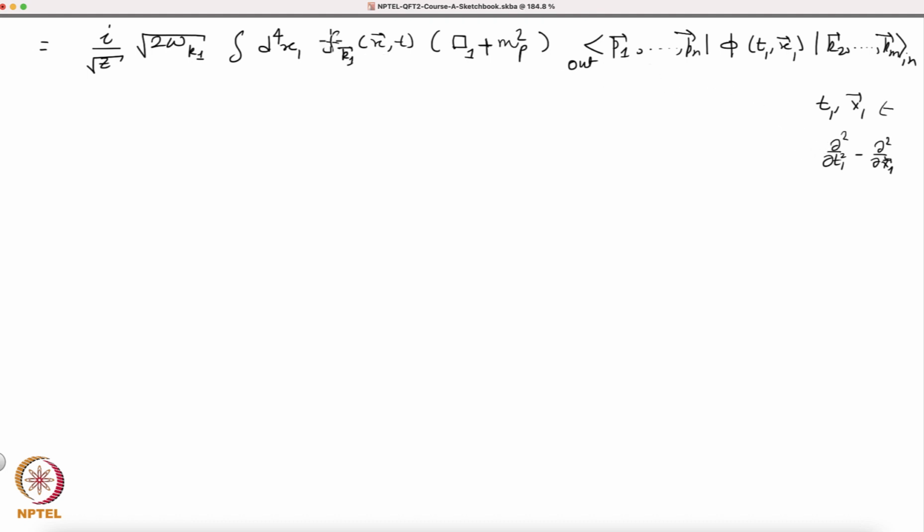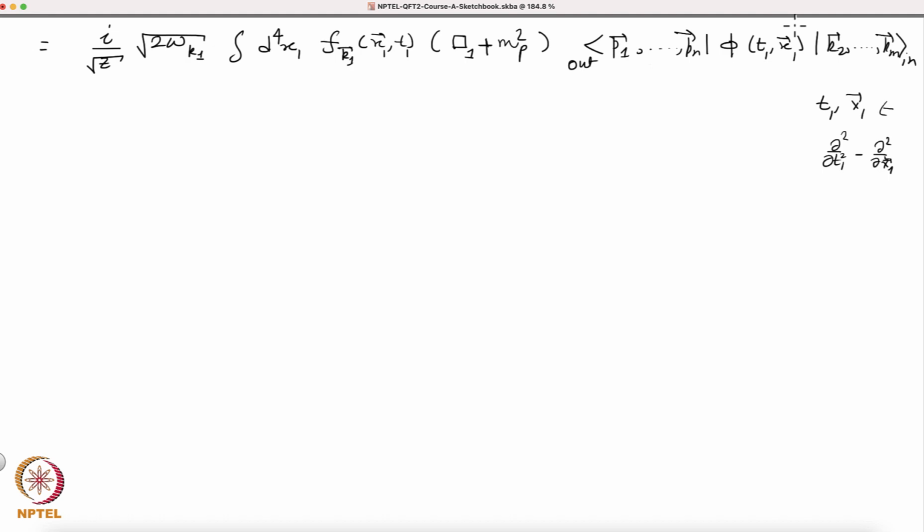So I have changed these labels because then I can remember that I have taken care of k1. That subscript 1 on k is now the subscript on t and x, okay. So that way I keep track of which k I have taken care of.